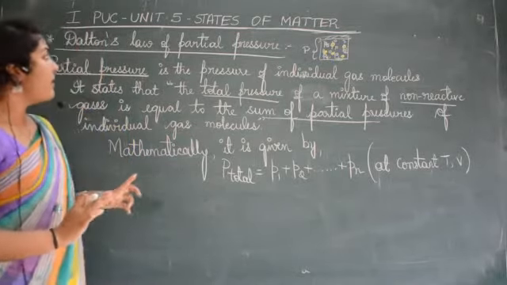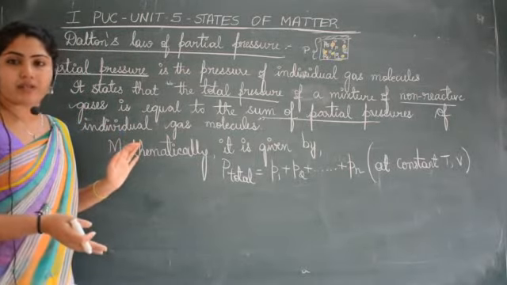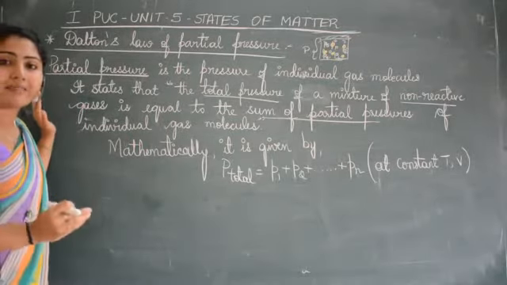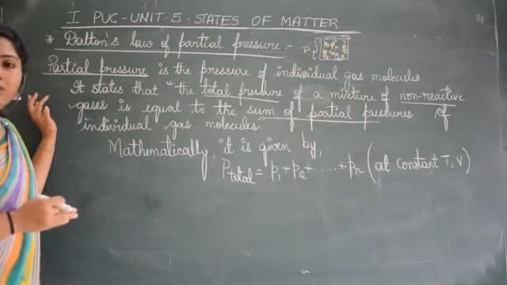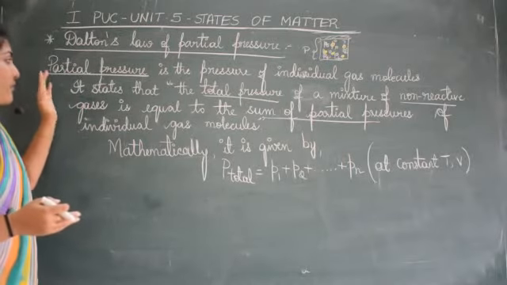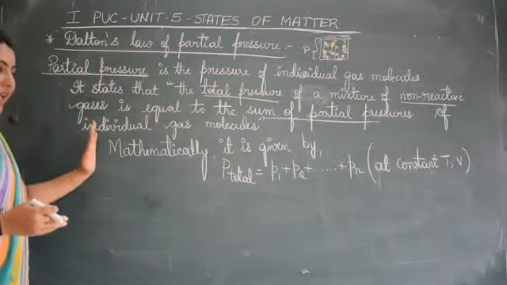Hope it's clear. So this law is very important. This is the most frequently asked question: state and explain Dalton's law of partial pressure. When they ask you to state and explain, you will have to write the statement of this, and then not directly write the equation.